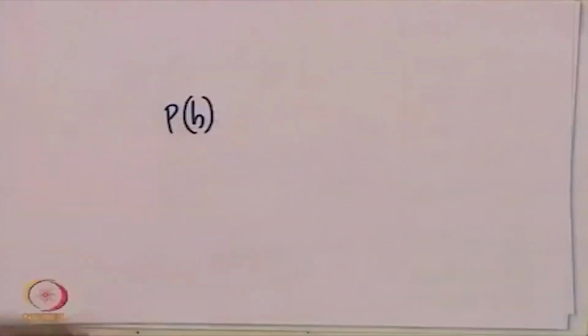If you typically take a large number of students in your whole school, or many schools, calculate P of h and plot it, how will it look like?